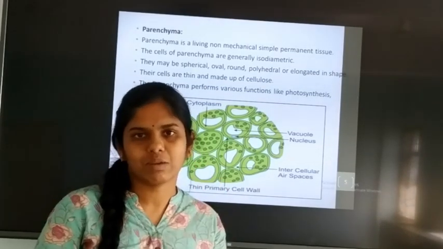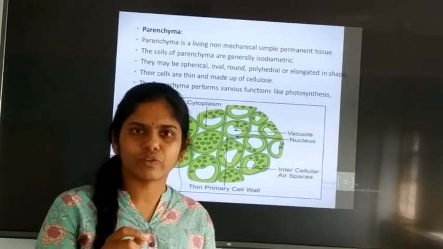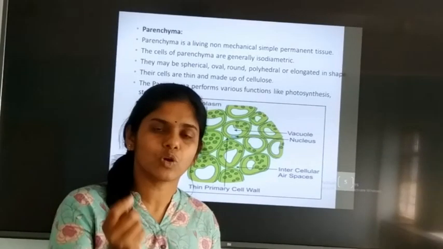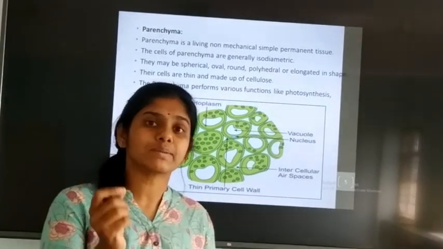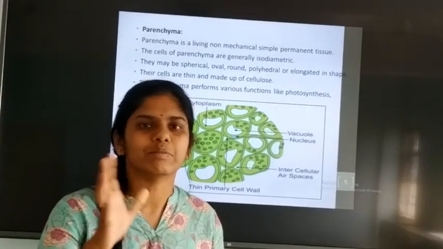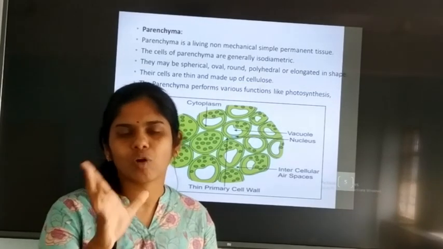Some of the parenchyma cells consist of chloroplast. The parenchyma cells which have chloroplast are called chlorenchyma. What is chlorenchyma?